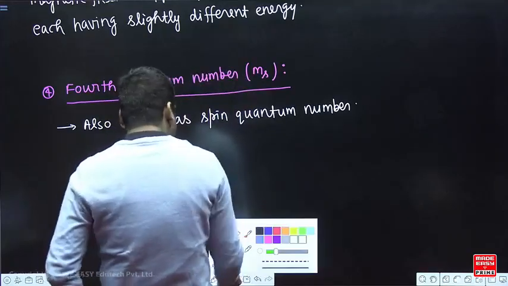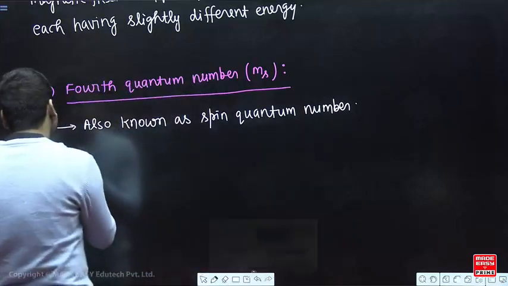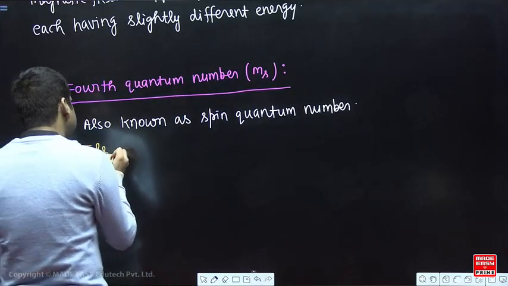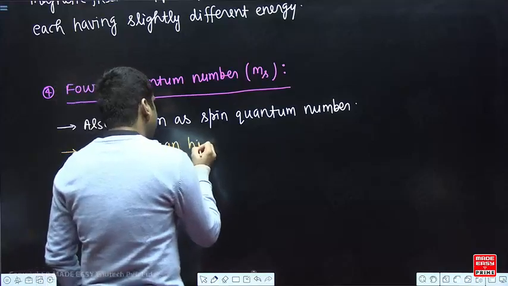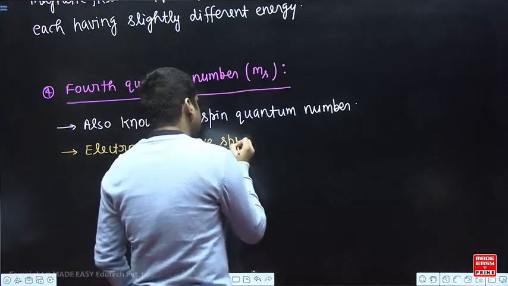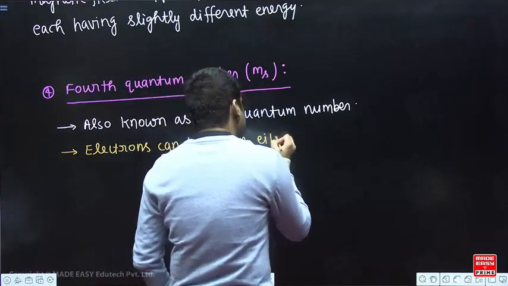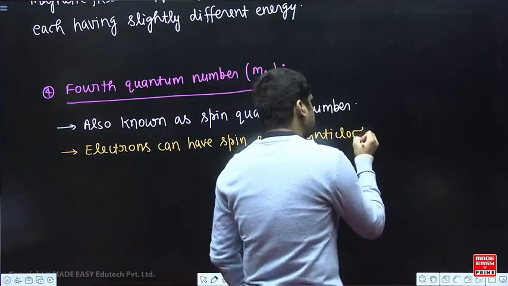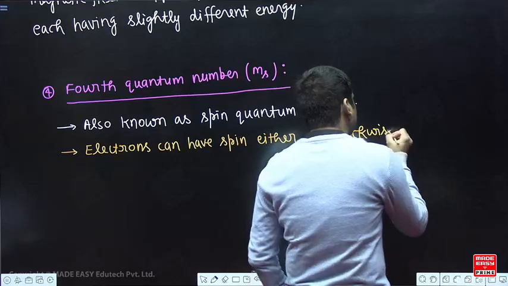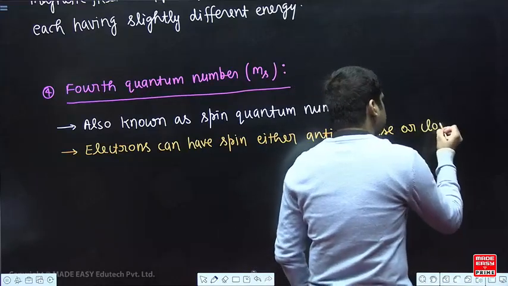So electrons can have a spin, either anti-clockwise or clockwise.